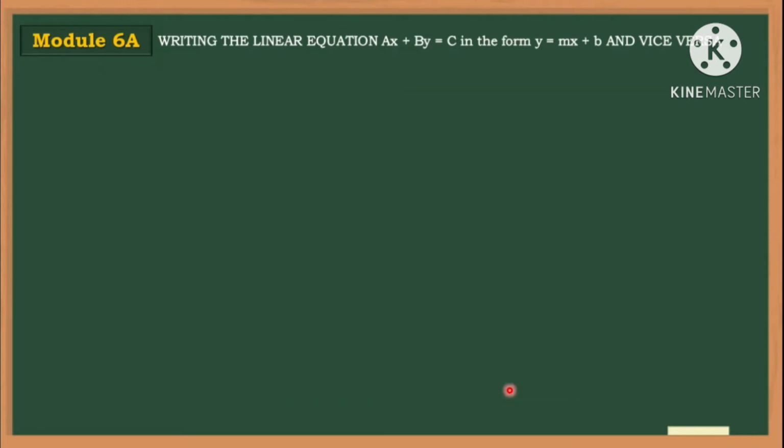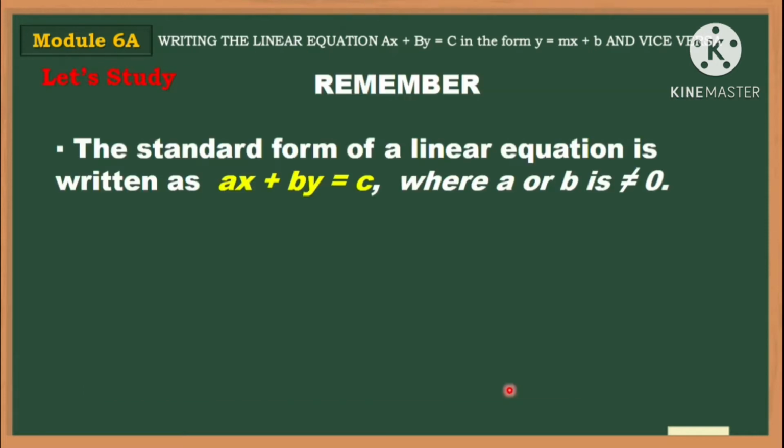Okay? So let's have a simple study. Remember this one. The standard form of a linear equation is written as ax plus by is equal to c, where a or b is not equal to 0.